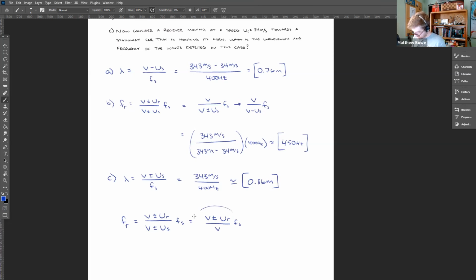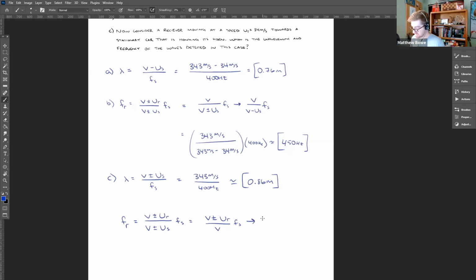Okay, so this does not look like this, merely just because the receiver is moving in this case.